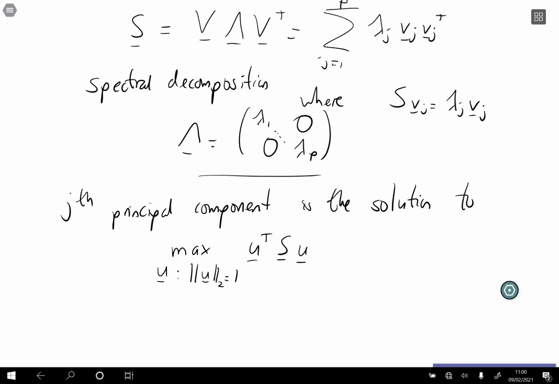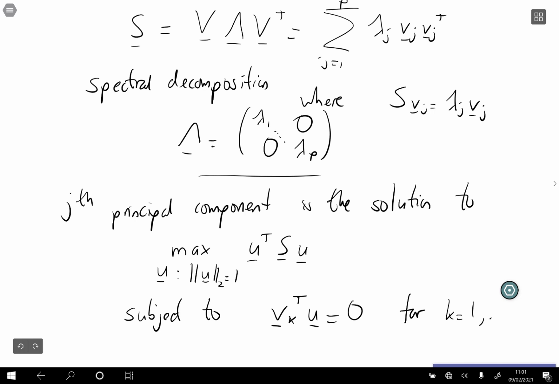And we're going to maximize this subject to u being orthogonal to all the previous principal components found. Okay. So we're going to require that v_k transpose u equals 0 for k equals 1 up to j minus 1.